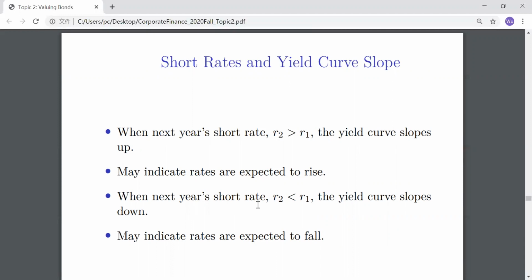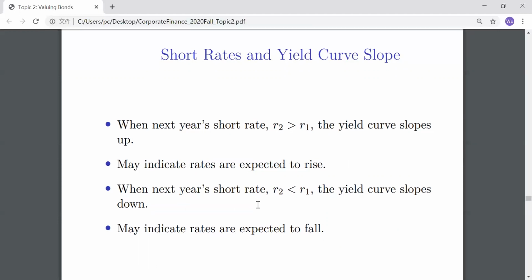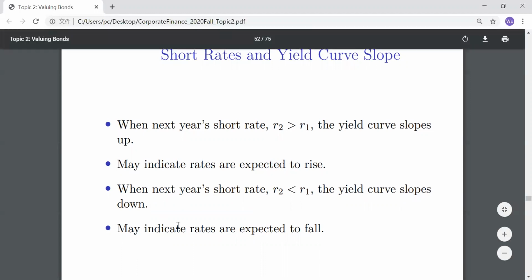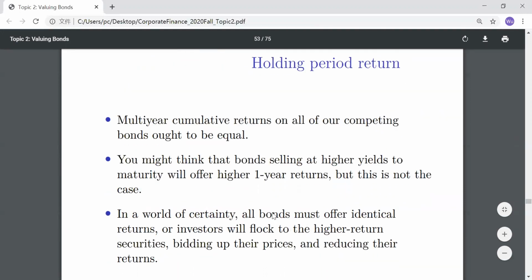It could be true, it could be not, depending on how steep the yield curve is. Now, when the next year's short rate is lower than today's short rate, the yield curve will slope down. The slope will be negative. This might indicate that rates are expected to fall. So this is the idea.